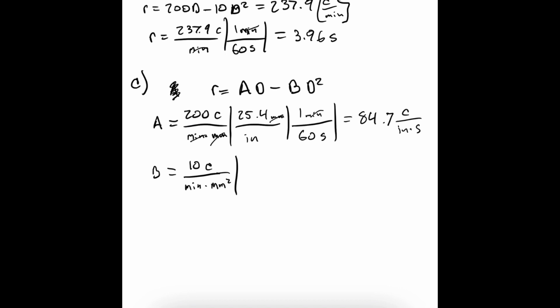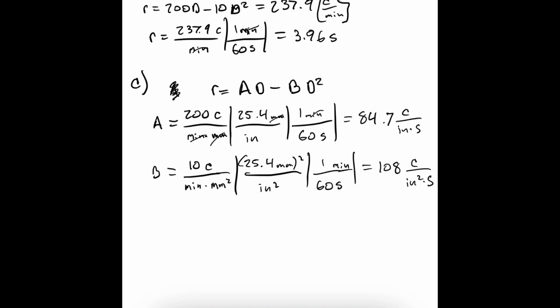And we're going to convert this to 25.4 millimeters, but this has to be squared, per inches squared, and 1 minute per 60 seconds. Now we pull out our calculators, crunch these numbers, and B equals 108 crystals per inch squared times seconds.